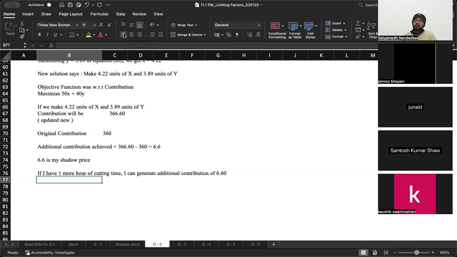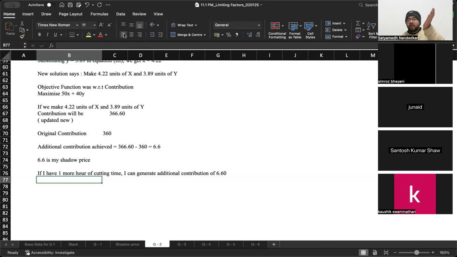Imagine that you are in a situation where you are negotiating with someone. What are you negotiating? Say, for example, the labor time. You are negotiating the per hour rate with the labor. You want him to work extra for you and he is negotiating how much you will pay him. You know that if one more hour of labor is used, you will get additional contribution of 10 rupees.